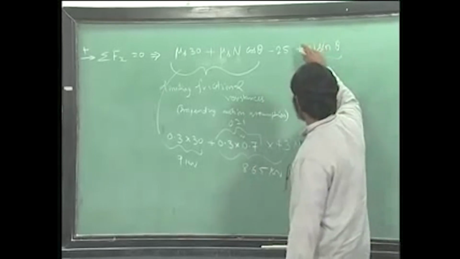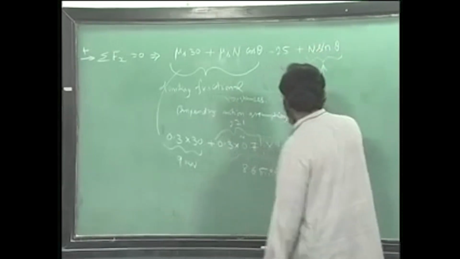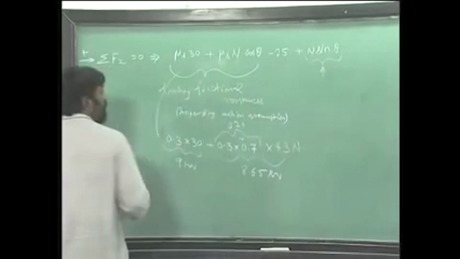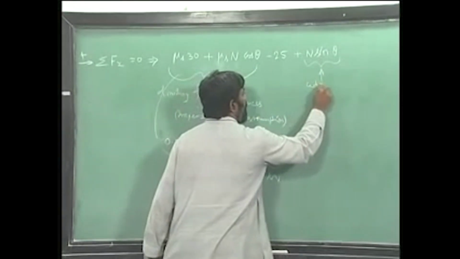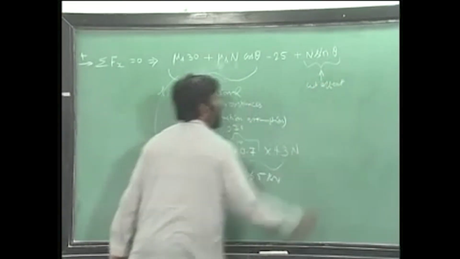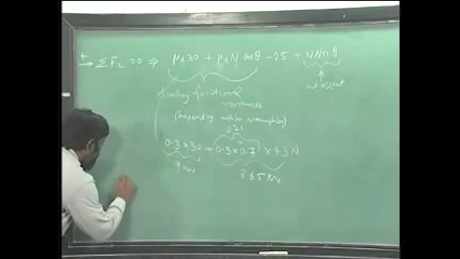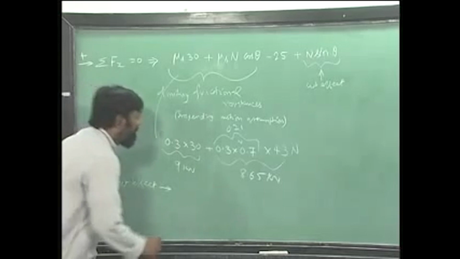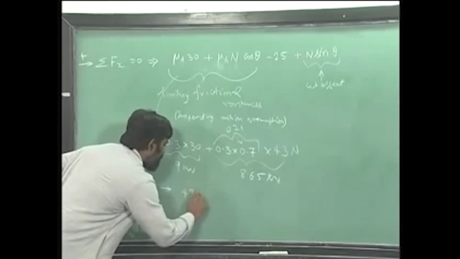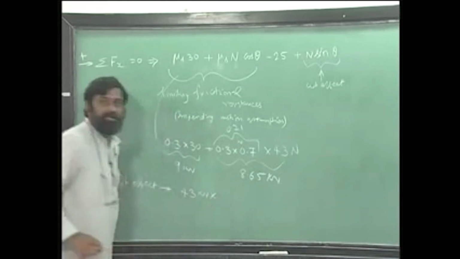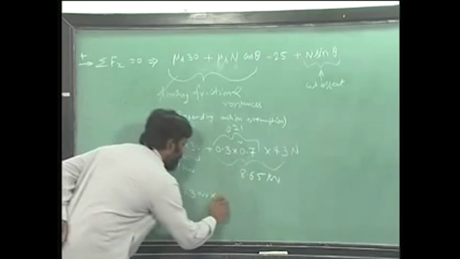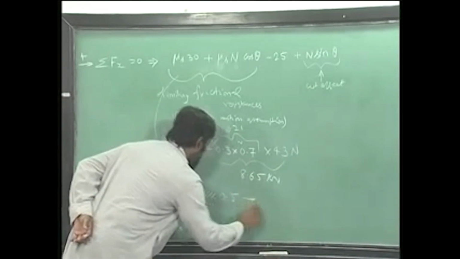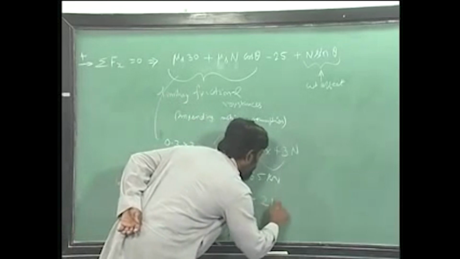This n is around 43, so let us just write that also. So let us say this is weight effect, just to get an idea, and what would be the weight effect? This is 43 kilonewtons times sin 30 is around 0.5, and that gives me around 21 kilonewtons.